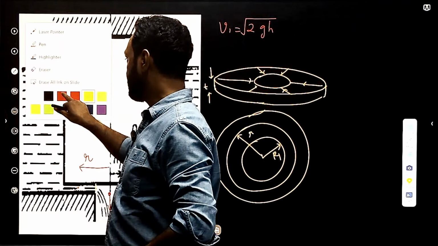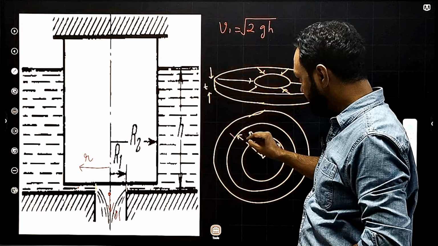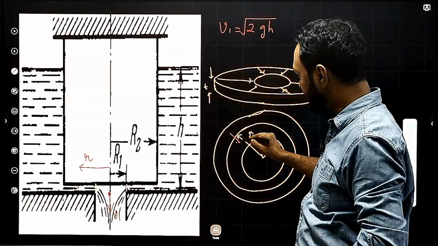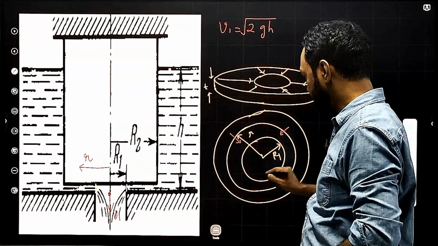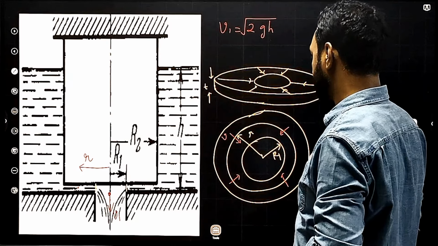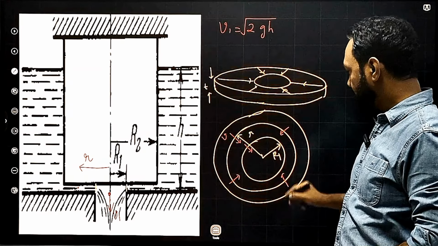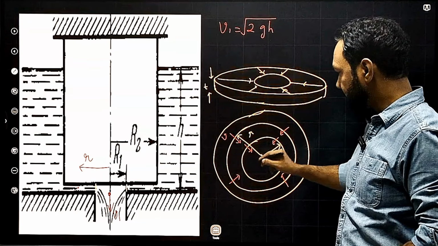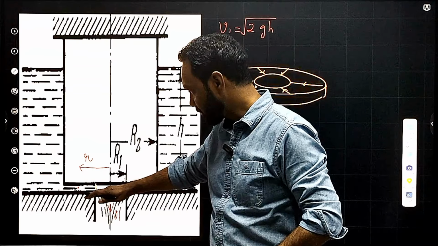The fluid here is moving with, say, velocity v, like this. This velocity at position r is v, and when it reaches r1, the velocity from here will be the same as whatever velocity has come from here.